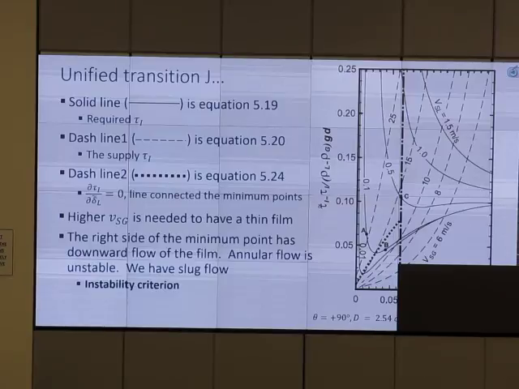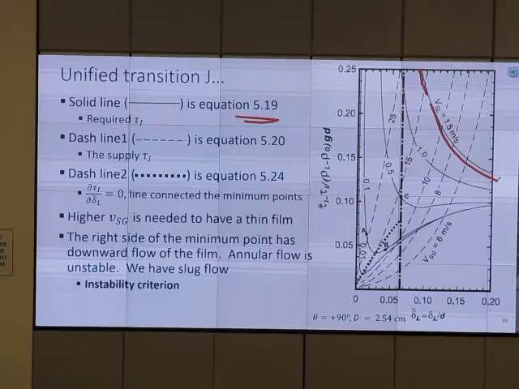Look at this one. The solid line is 5.19. We plot it between dimensionless interfacial shear stress and thickness.